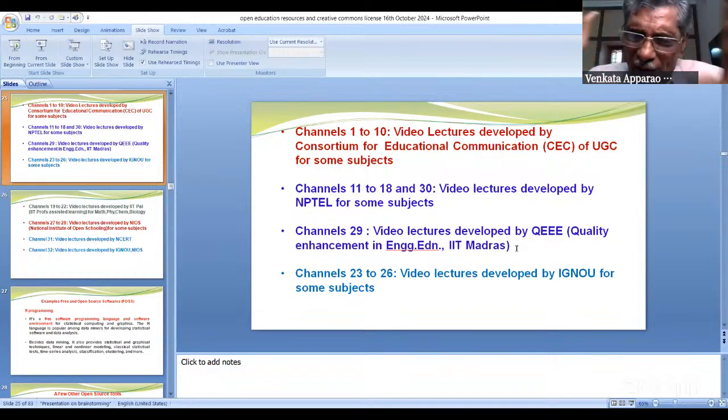Channel 29 is exclusively for IIT Madras, because IIT Madras is very actively involved in Swayam, in NPTEL, and Swayam Prabha. Even for Swayam Prabha, one of the coordinators when it was initiated was Professor Mangal Sundar Krishna. Therefore, one channel is exclusively for IIT Madras. Channels 23 to 26 carry video lectures developed by IGNOU for some subjects.